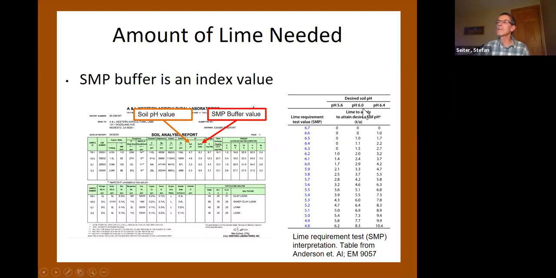Maybe it's 6.0, maybe it's 6.4, depending on what crop I want to grow. Then I can read how many tons per acre, but you convert that to pounds per 1,000 square feet or 100 square feet. And then you can see how much lime you need. Okay.